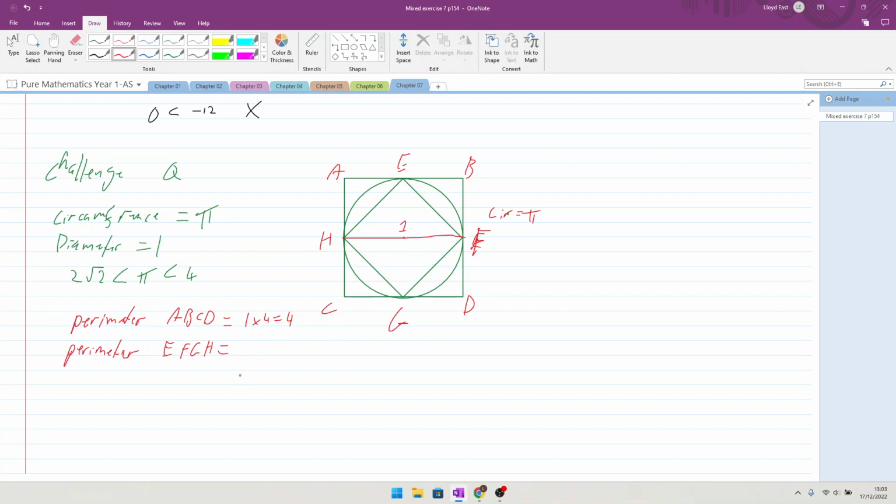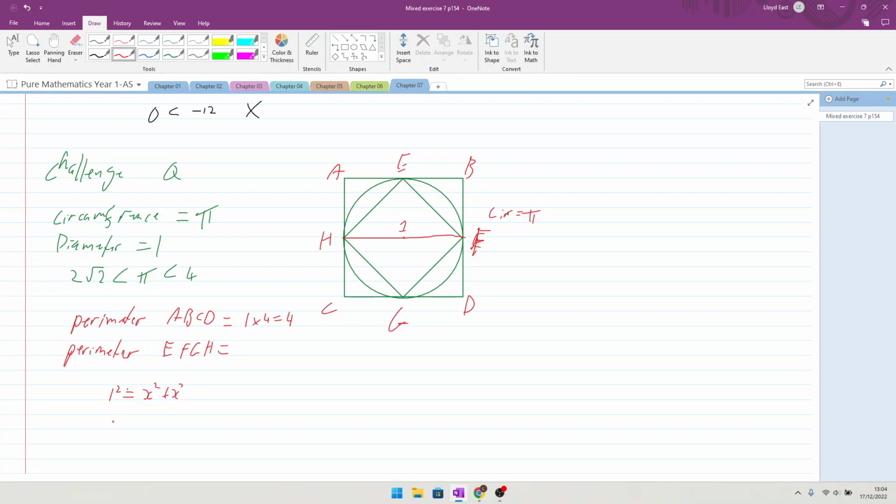So because it is a 45-degree triangle, we can say that 1 squared equals the length of the side, which is, let's call it x for the moment, squared plus x squared.